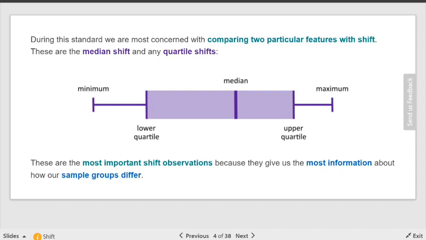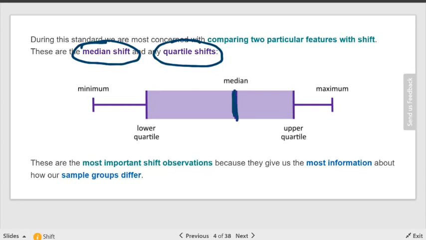So for this particular standard, you compared two things that are very important: the median shift and the quartile shift. So if I were you, I would write that down, do something so that you know that those are the two big types of shifts that we're going to be talking about. Which one is the median? It's the line in the middle, right?